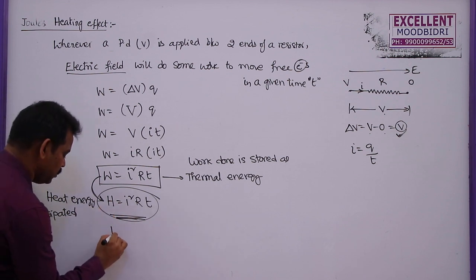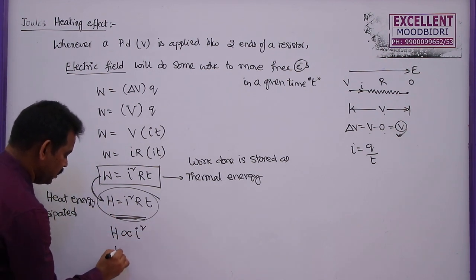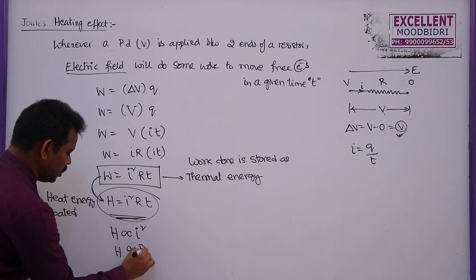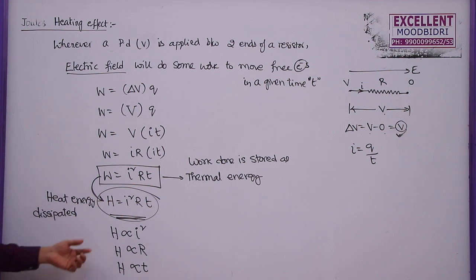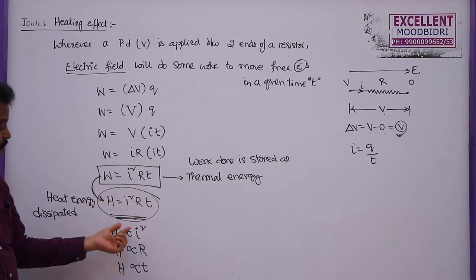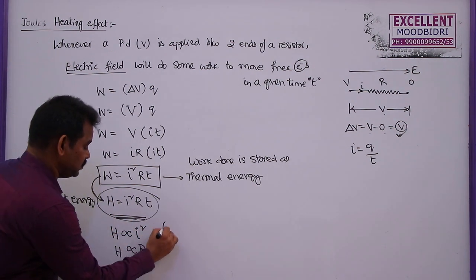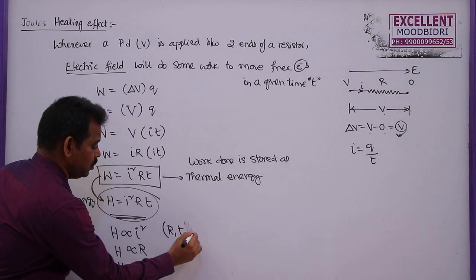So from this we can write H directly proportional to I squared, H directly proportional to R, H directly proportional to t. So the Joule's heat produced in a resistor is directly proportional to the square of the current if resistance and time are kept constant.